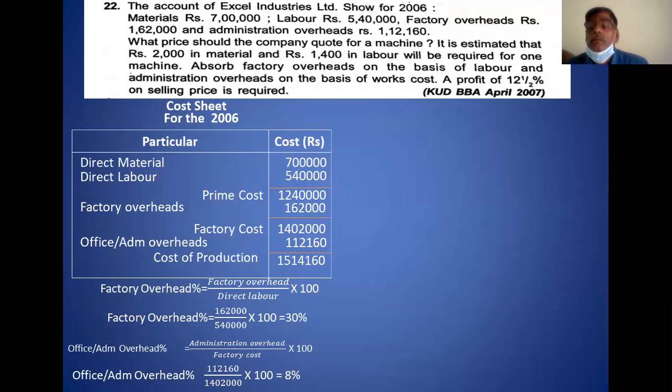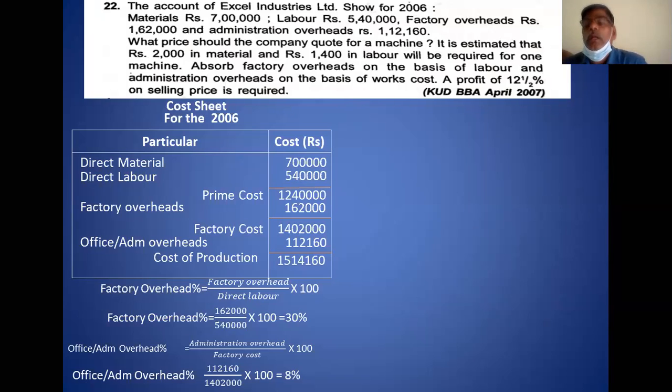What does it mean? For every 100 rupee factory cost, you have to bear 8 rupees of administrative cost. This is the point you have to remember.